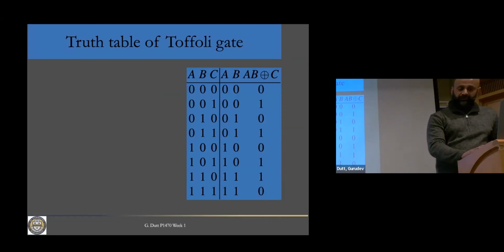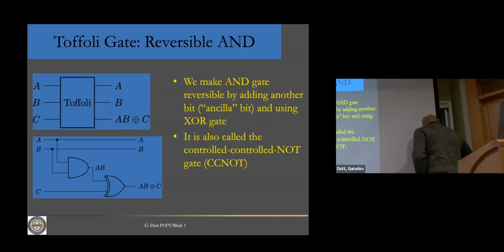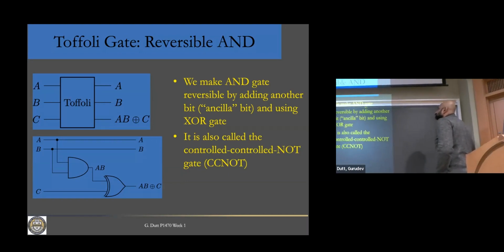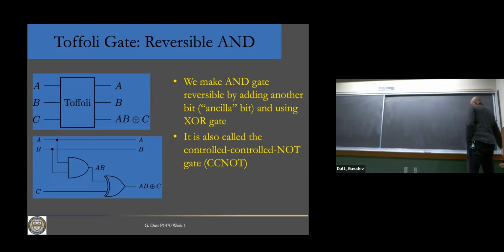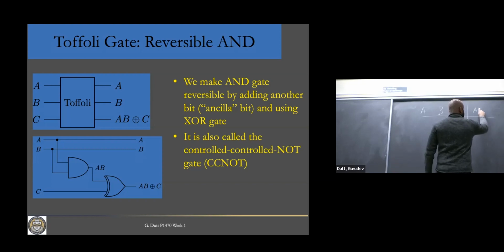The truth table of the Toffoli gate. Let me work through the truth table here. We have A, B, C, and then A, B, XOR.